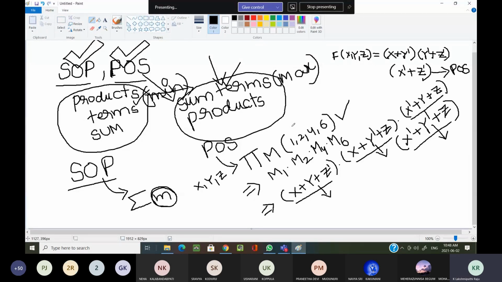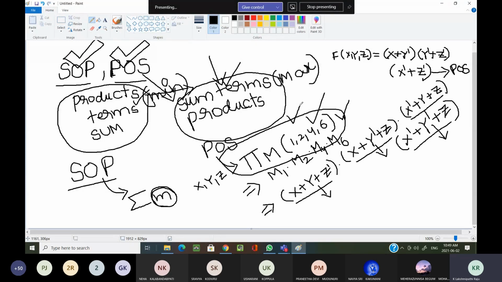Everyone, are you understanding the SOP expression as well as the POS expression? When we are writing in this shortcut form, definitely your expression should be in standard form. Then only you can write it like this. Now I can give you some homework problems.